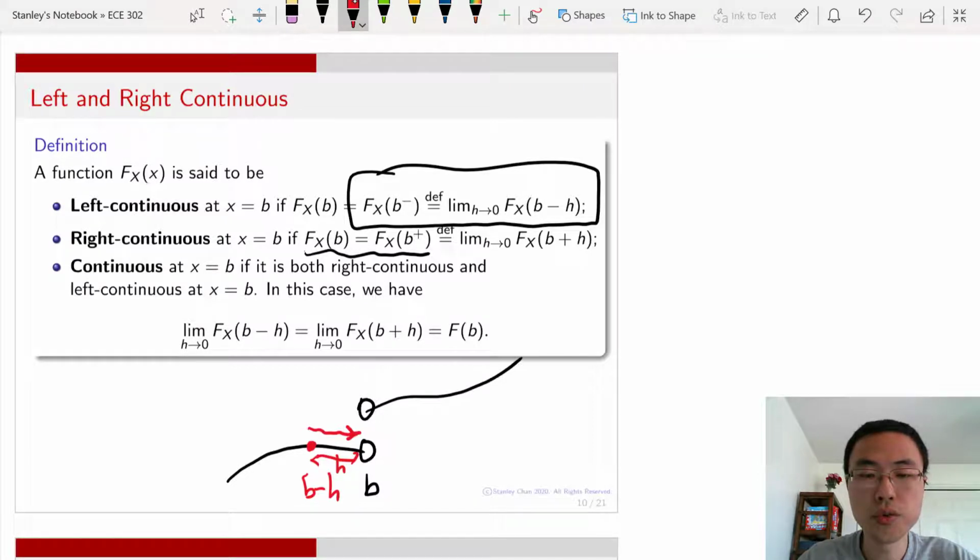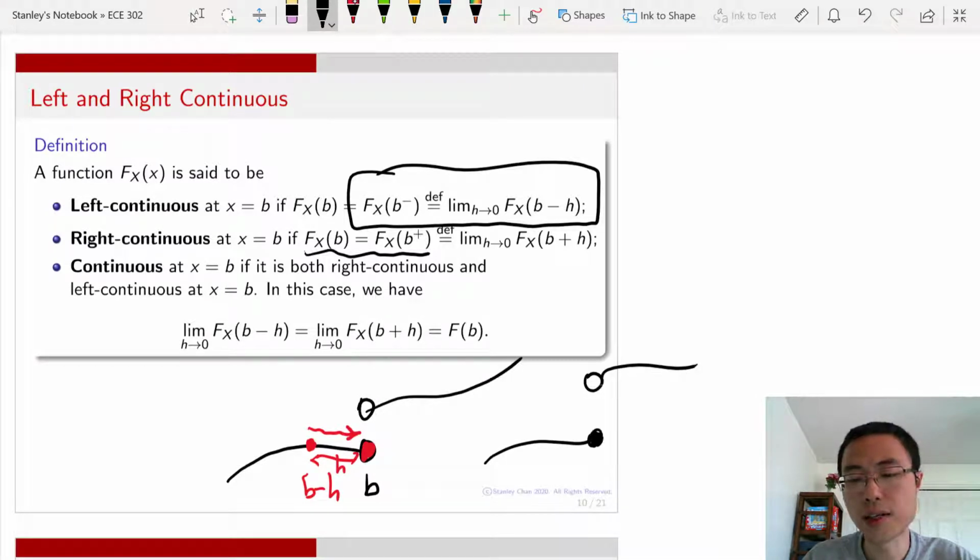Okay, and so now you say that it is left continuous if f(x) at b, which is the point evaluated at b, has to equal this left-hand limit. This left-hand limit means that I am starting from the left-hand side and pushing this point towards its limit. Now clearly the limit is here, and so you will have this. Okay, so left continuous says that a function is left continuous when you have a solid dot on the right-hand side, or at the end.